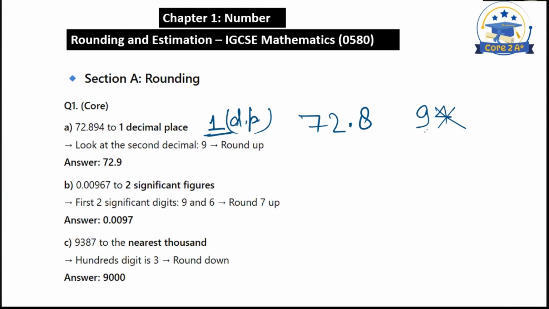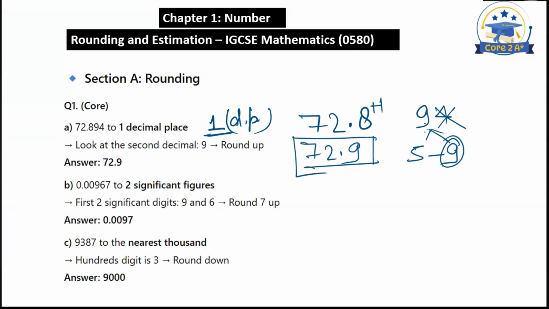The 9 is from 5 to 9, so we have to add 1 to the number before it. So 72.9. This is your rounded number.